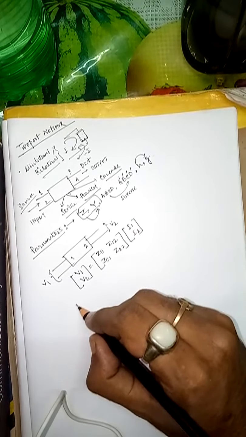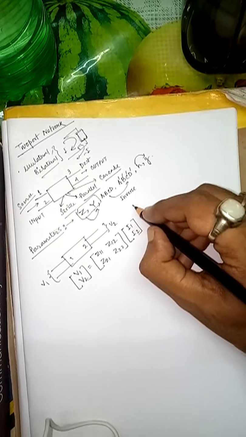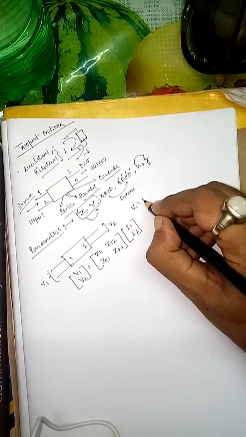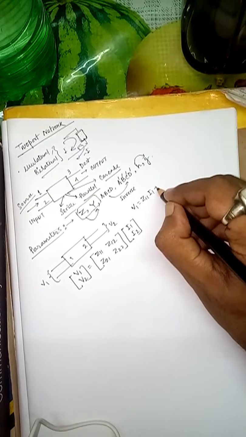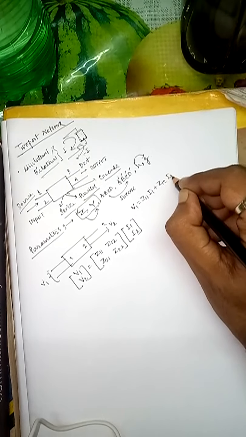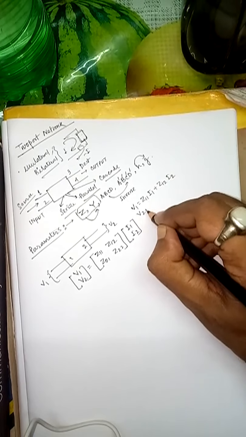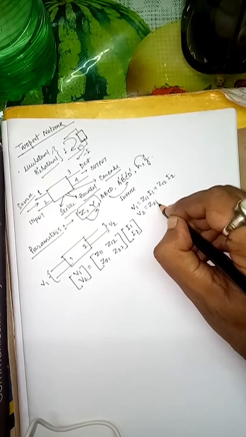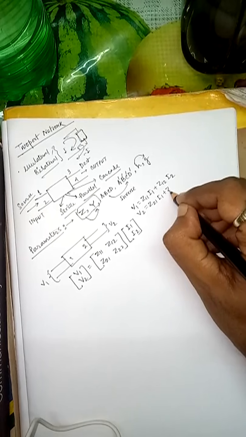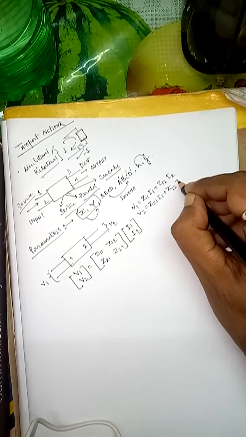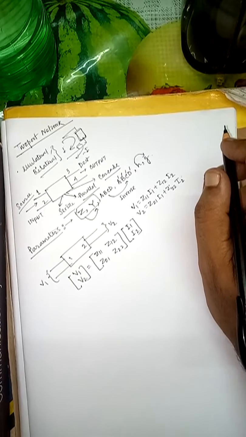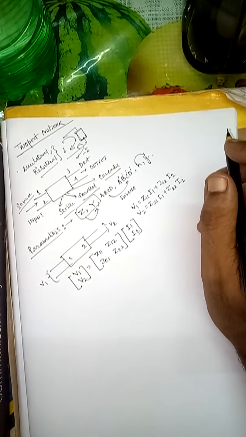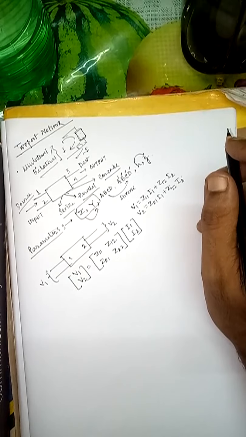So V1 equals Z11 I1 plus Z12 I2. And V2 equals Z21 I1 plus Z22 I2. This is the expression of the Z matrix or the Z parameters.